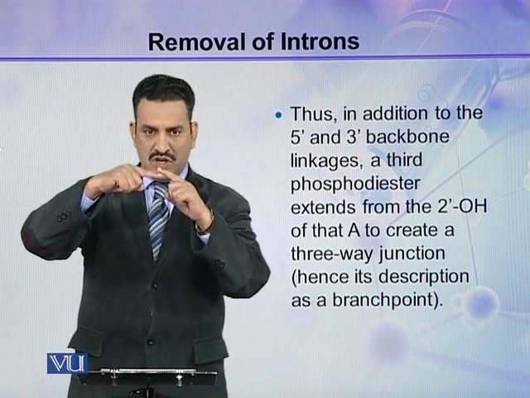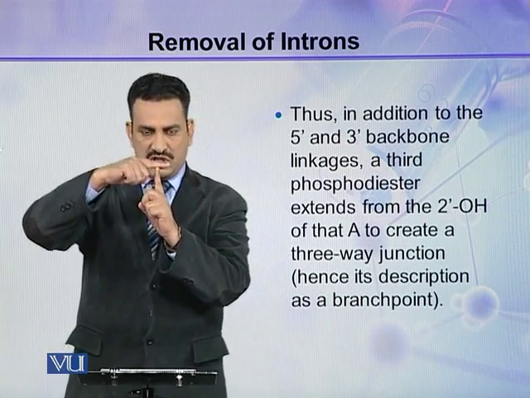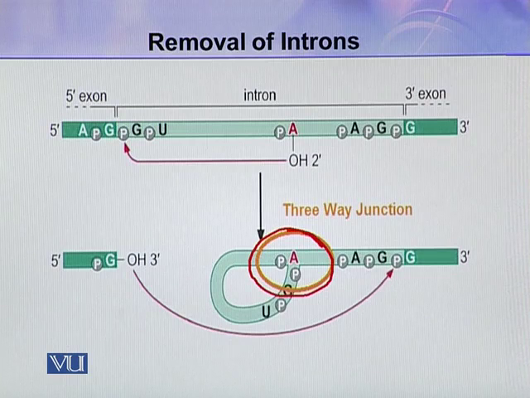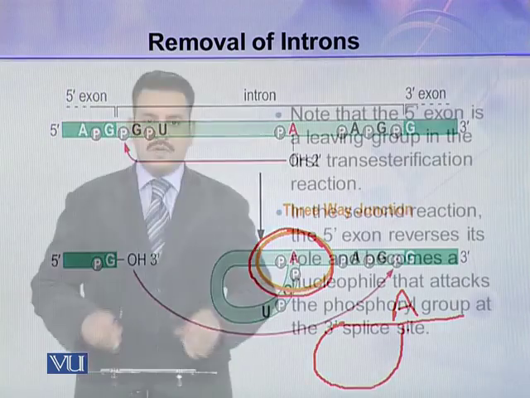When this intron curves inside, it forms a branch with this A. So here you can see the three-way junction, and in this three-way junction this is A, and this again joins with this A. So this is a three-way junction.